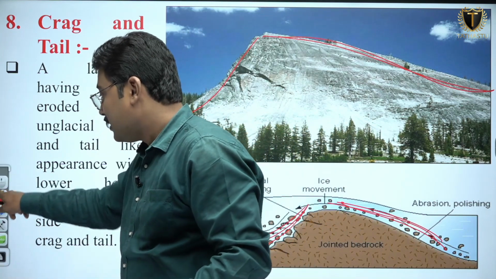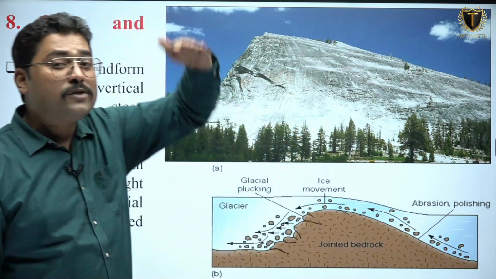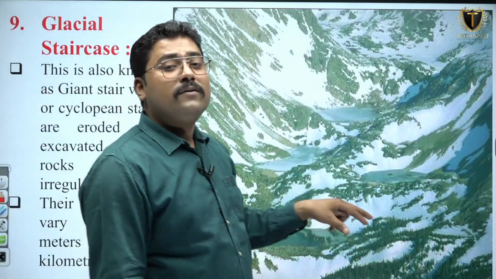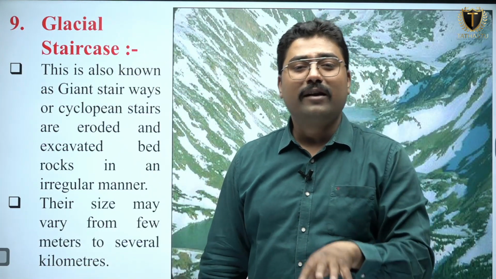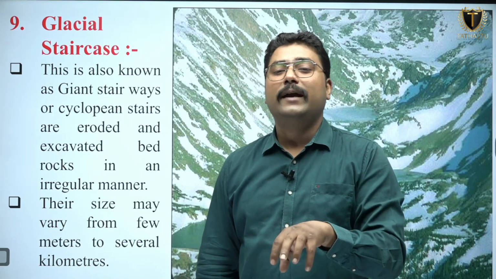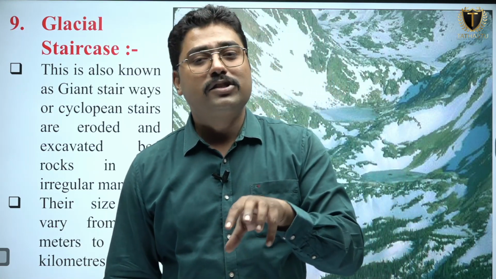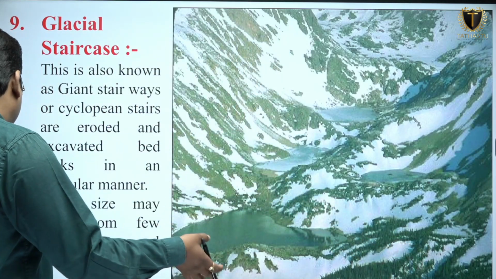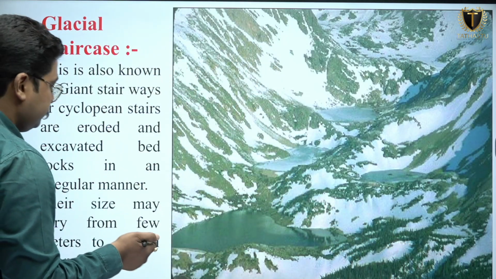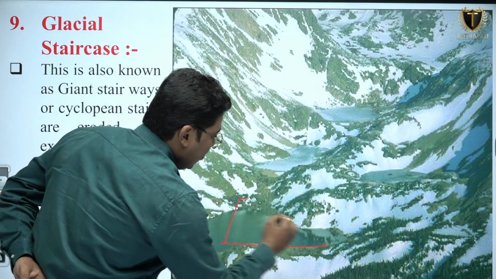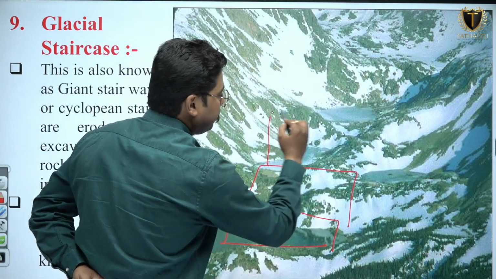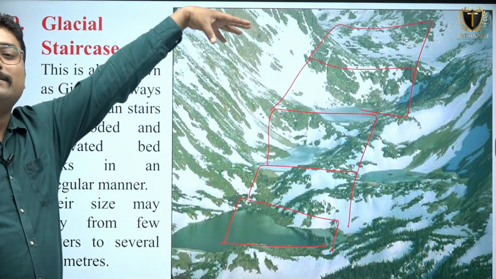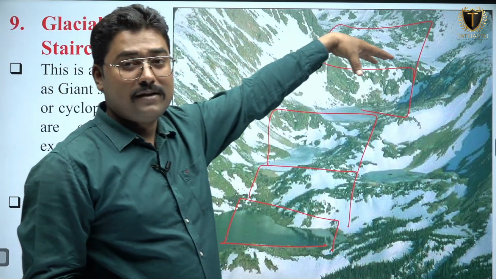After this, another feature formed with the phase-wise retreat of the glacier is the glacial staircase, or we term them as cyclopean staircase. As you can see in the image, due to the phase-wise retreat of the glacier, the base has been formed like this, with big steps, and these big steps are considered as glacial staircase.